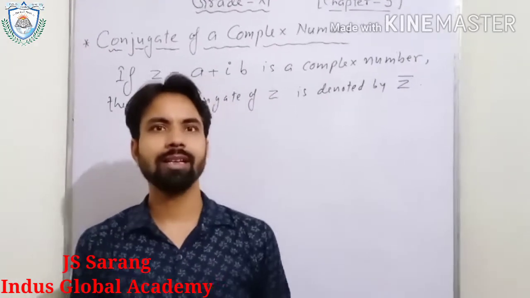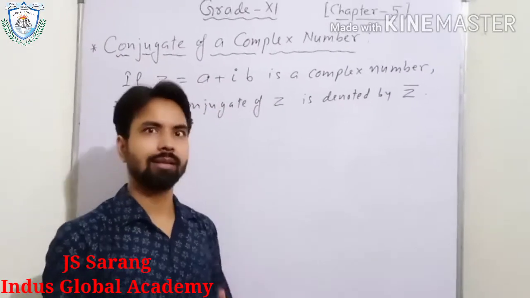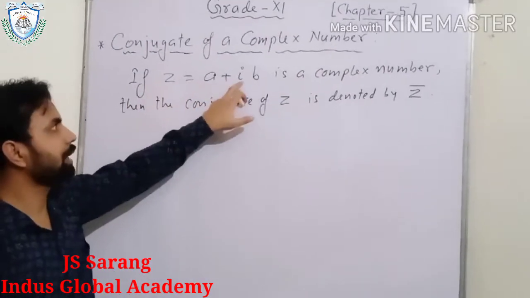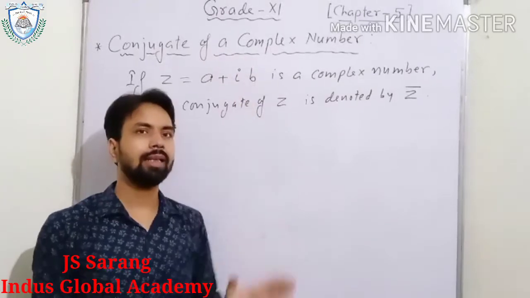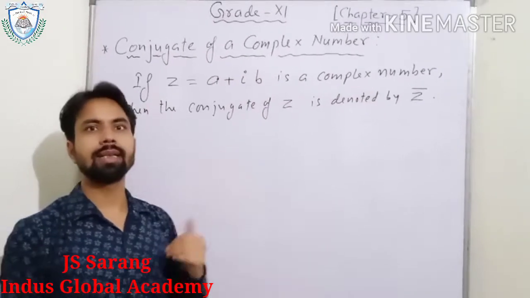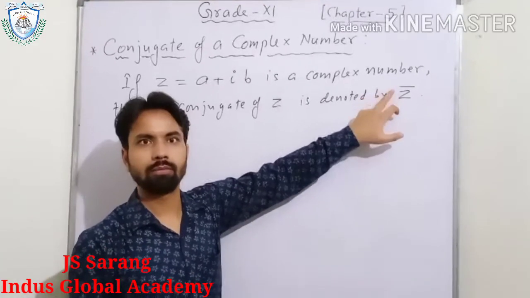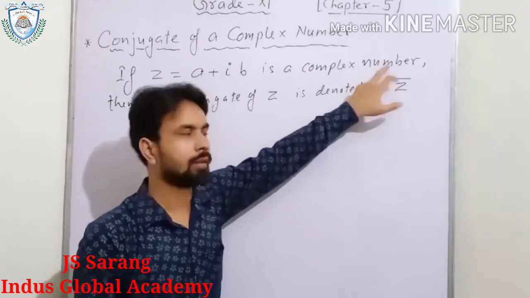Now the next topic is conjugate of a complex number. So if z equal to a plus ib is a complex number, then the conjugate of z is denoted as z bar.